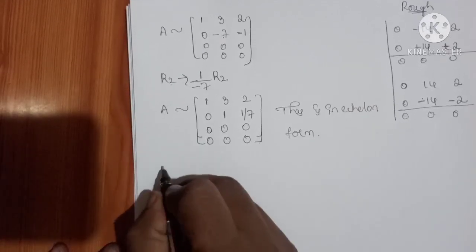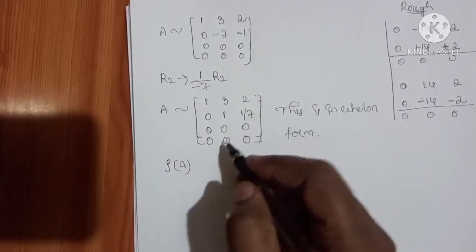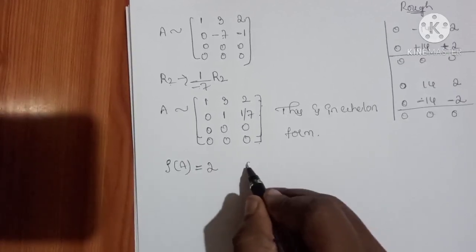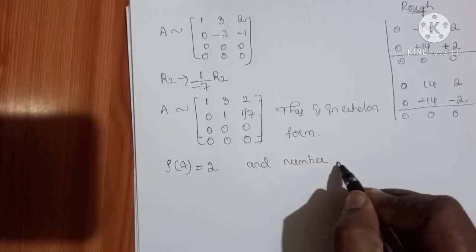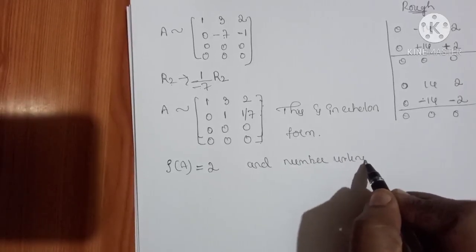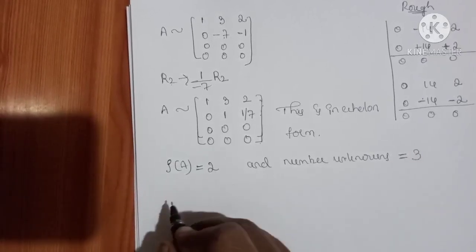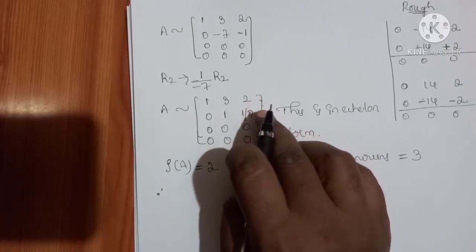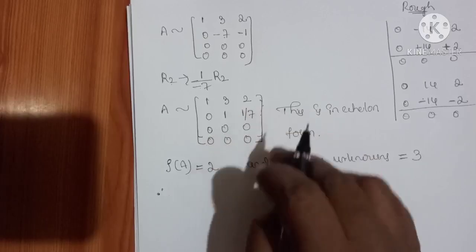Therefore rank of A, count the non-zero rows, we get 2 non-zero rows, therefore rank of A is equal to 2, and in this case number of unknowns is equal to 3. Don't get confused that here number of equations is 4, but number of unknowns, that is x, y, z variables, are 3.